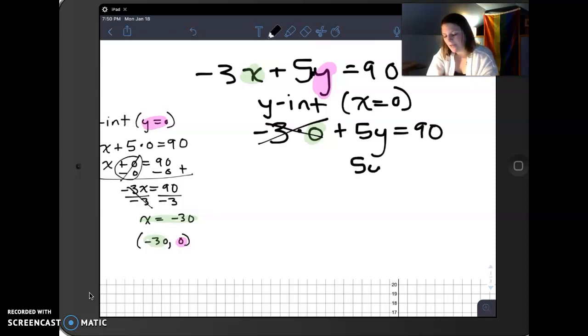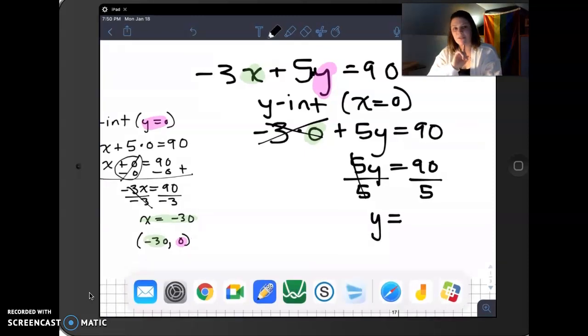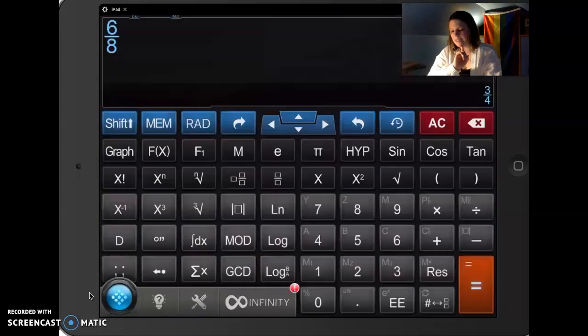So we have 5y equals 90, dividing by 5. We get y is equal to, let's think here, 30 divided by 5 is 6, and then 30 times 3, so it should be 36, but let's make sure we got this right.